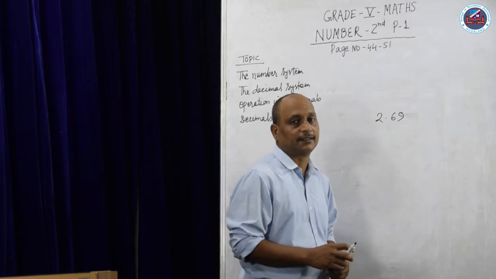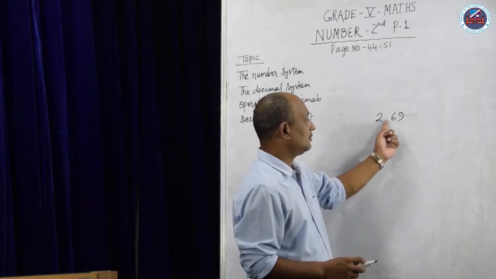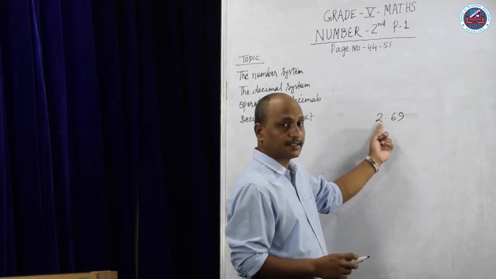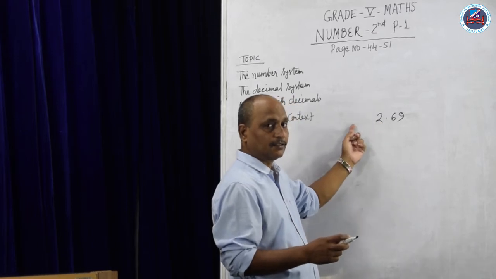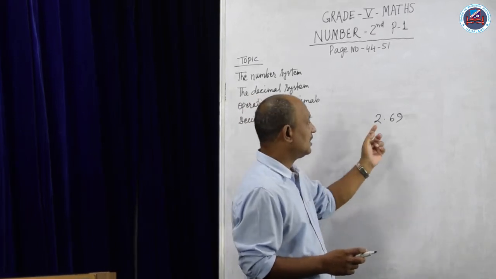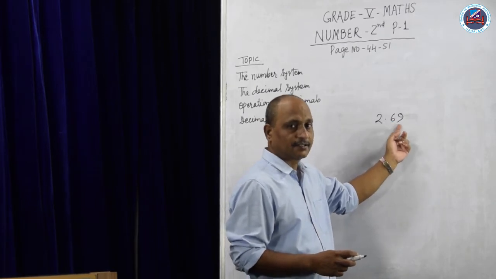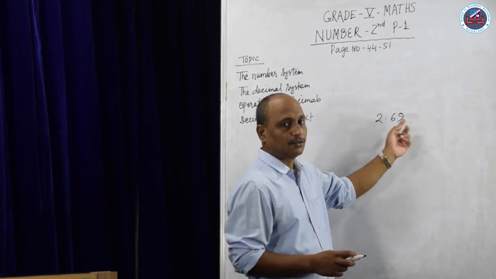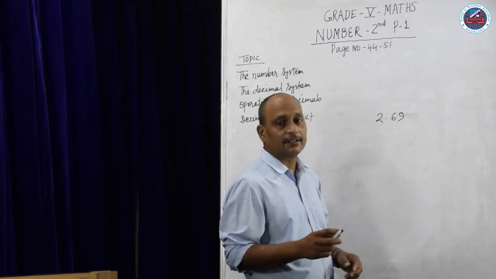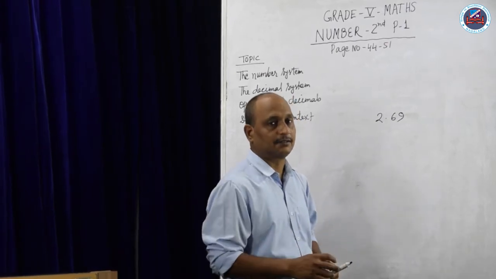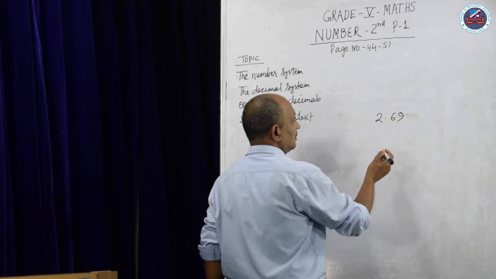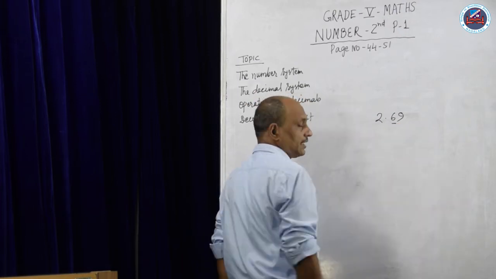Which is the tenth number? This is ones, tens, then it goes like this: 100, 1000, 10,000. And this side, tenths, hundredths, thousandths. So as I told you, let us round the number to the tenth value. So your tenth value number is this 6.